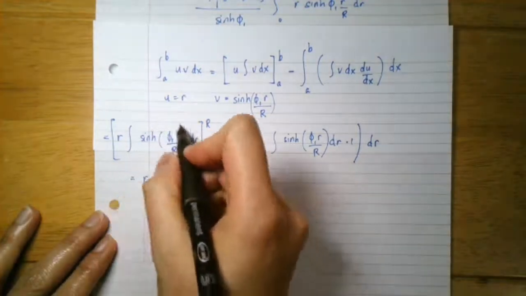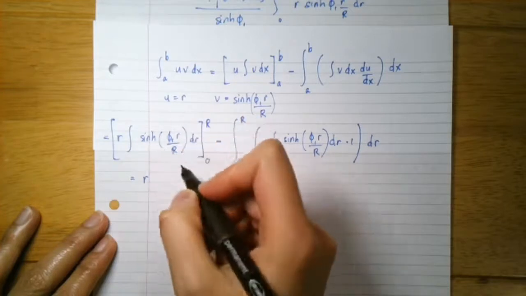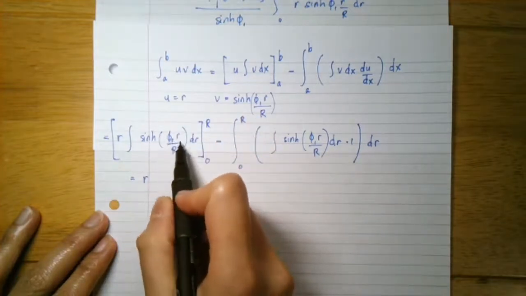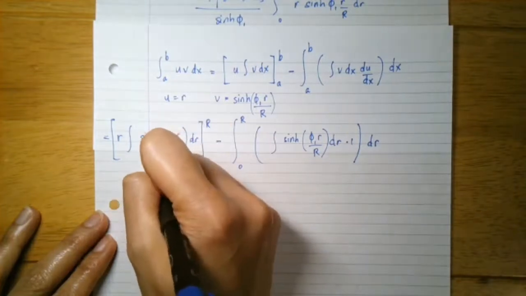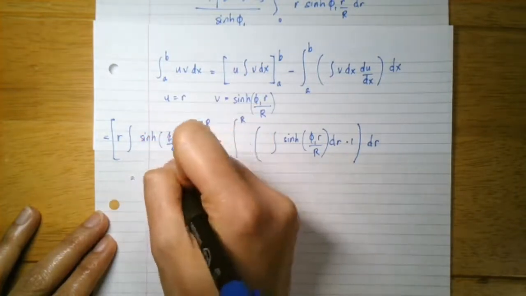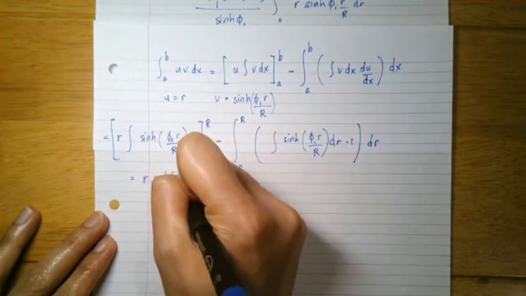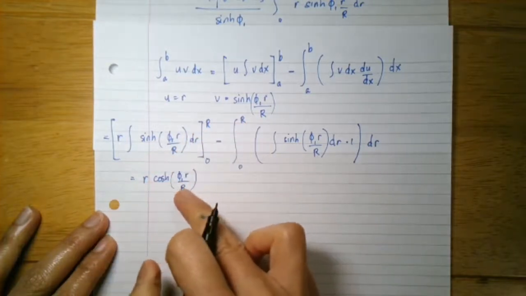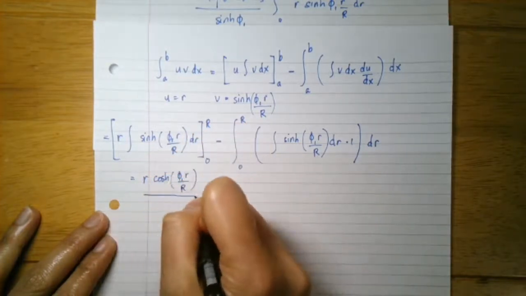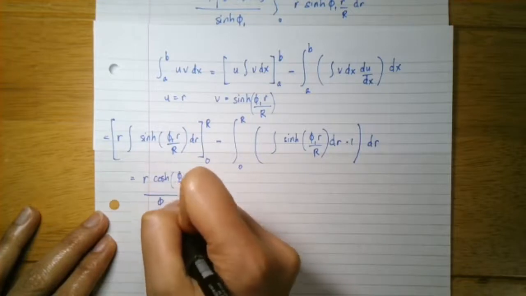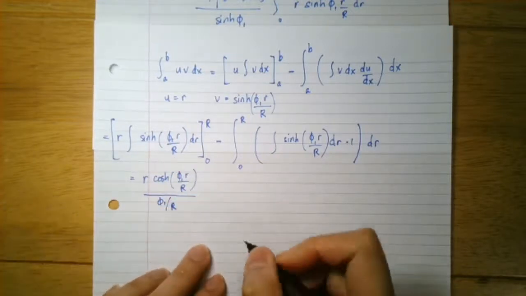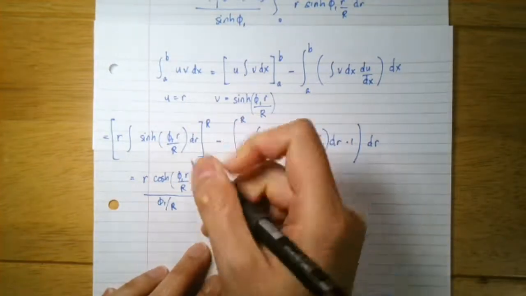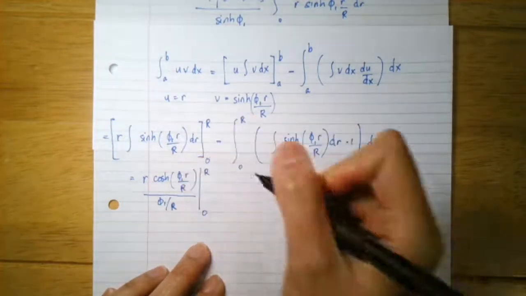So let's take the integral of this, sinh(φ1 r/R). The integral of that is just cosh(φ1 r/R). Since we have constants inside the argument, we have to divide by the constants, φ1 over R. And we have to evaluate this from 0 to R.